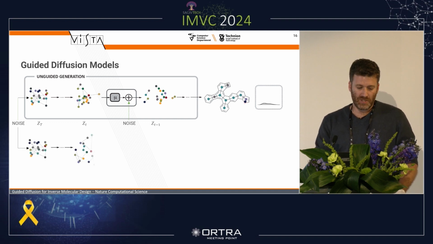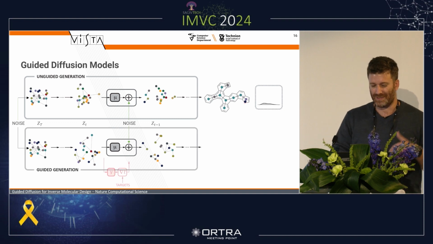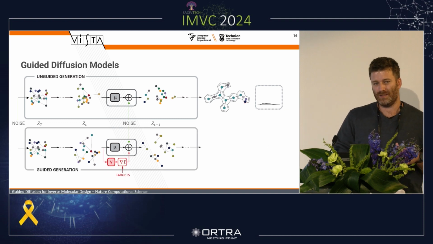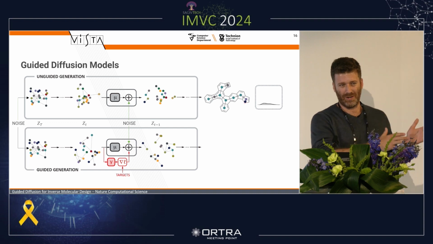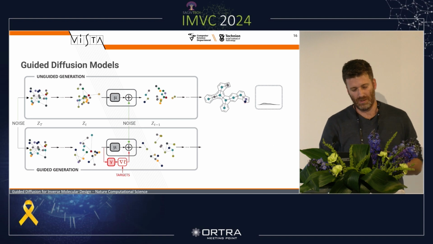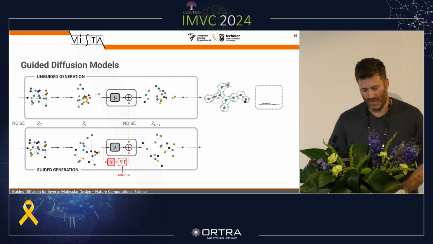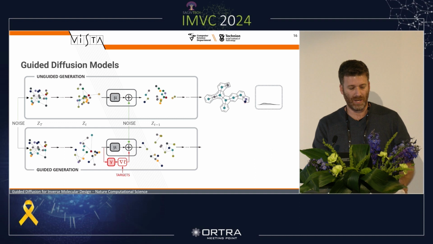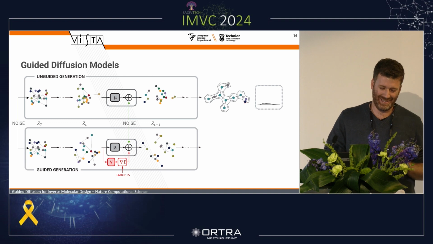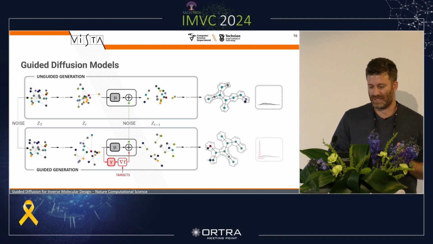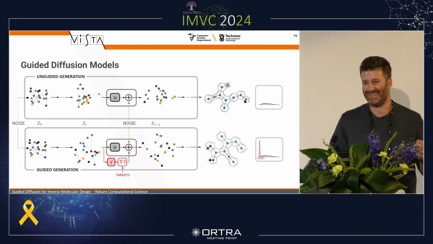And we suggest to also inject in each one of these iterations, not only the denoising step, but also a gradient step. Again, the same gradient of the loss to the properties predictor. To inject it in each one of the iterations, we didn't just come up with it on our own. It has a mathematical proof that shows that it's equivalent to sampling from the conditional distribution.